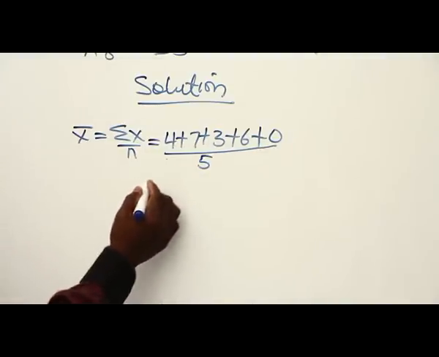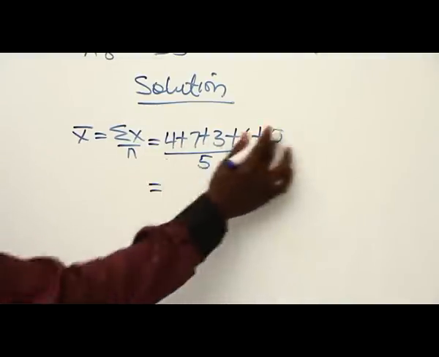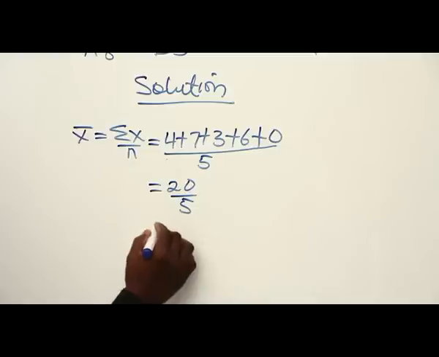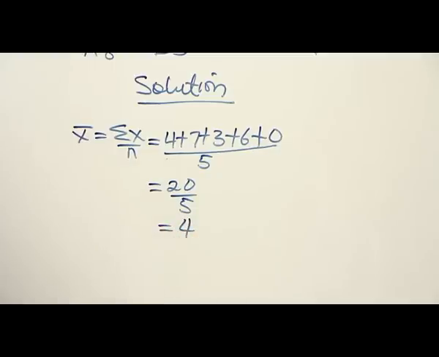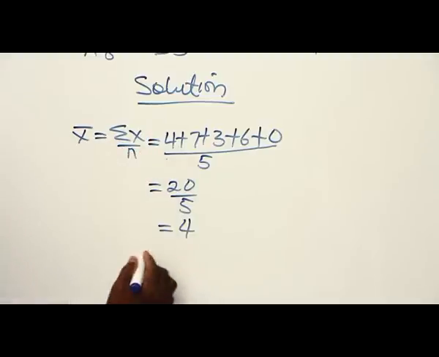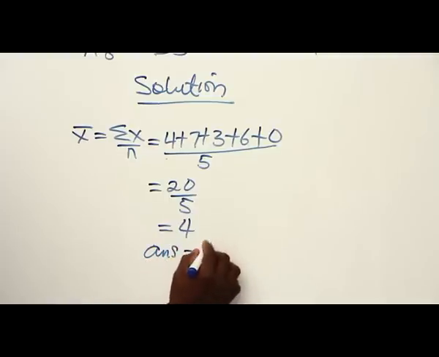If we add all this together, that gives us 20 over 5, which gives us 4. So the correct option is D.